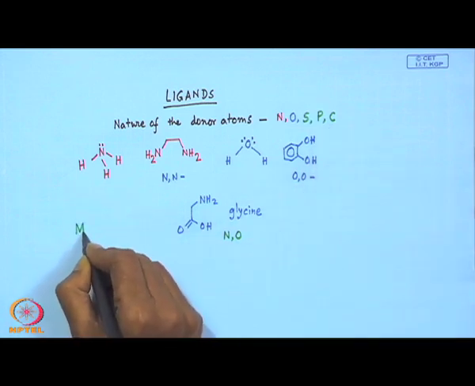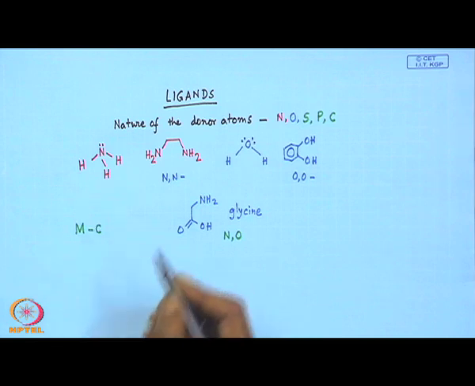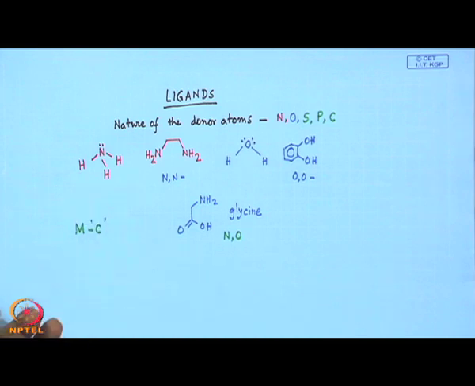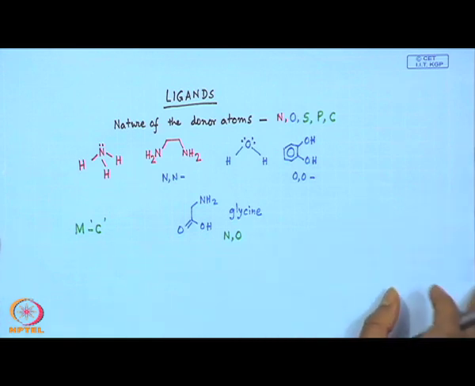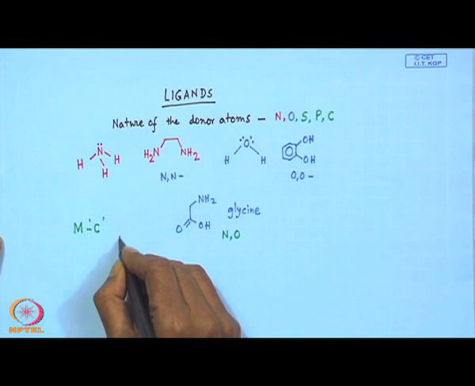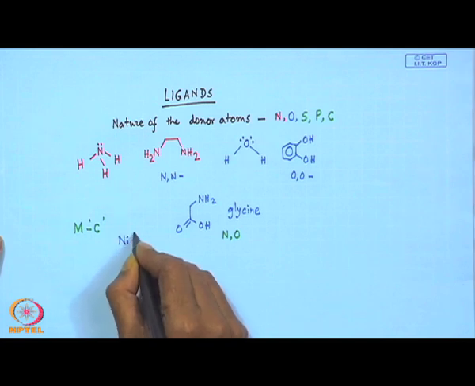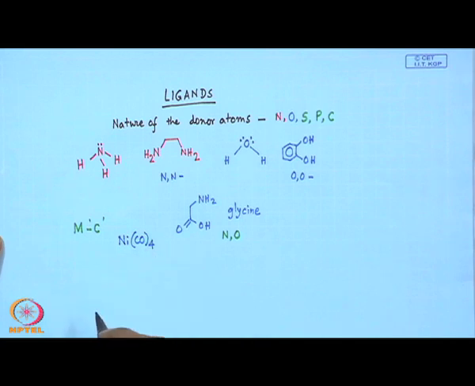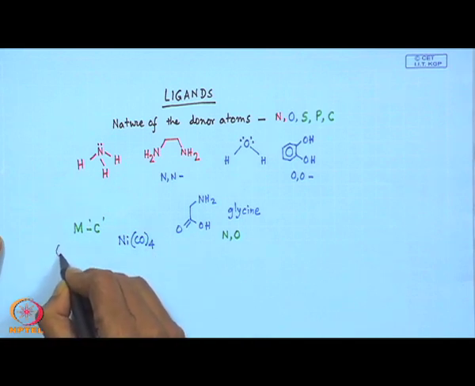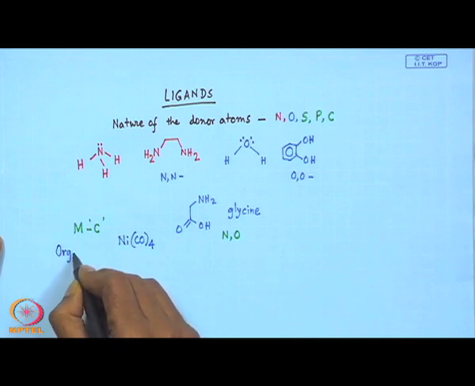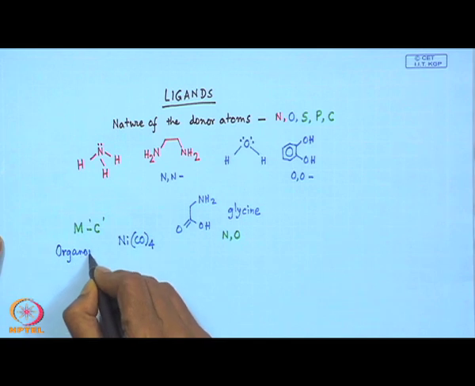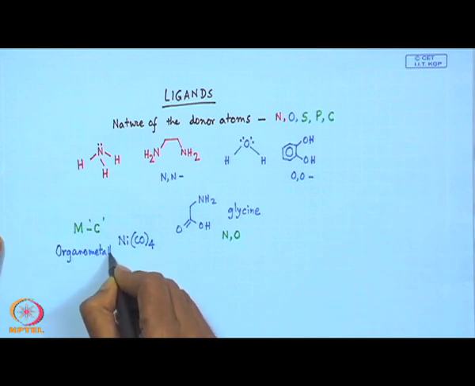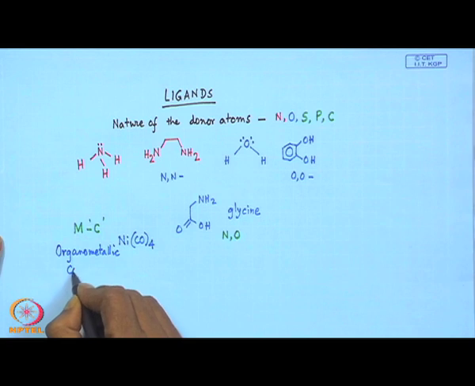So, a carbon donor ligand can give us a system with a metal carbon bond, and this metal carbon bond, as in our simple compound tetracarbonyl nickel 0, is a very important class of compounds, which are also known as organometallic compounds.